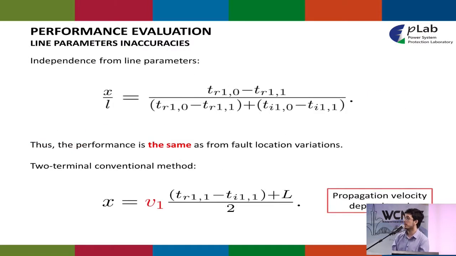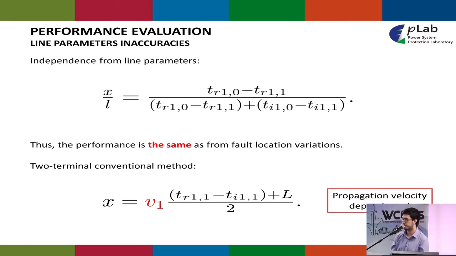Now coming to line parameter inaccuracies, I brought again the equation for the fault location estimation, just to show that, in fact, the performance is the same as for the fault location variations because the method does not depend on line parameters.